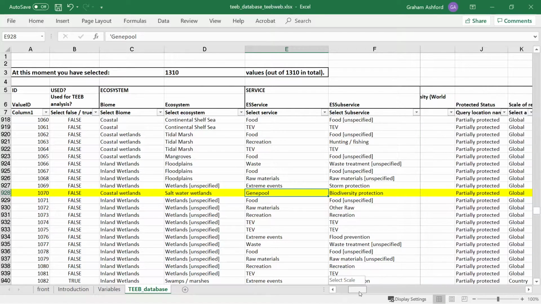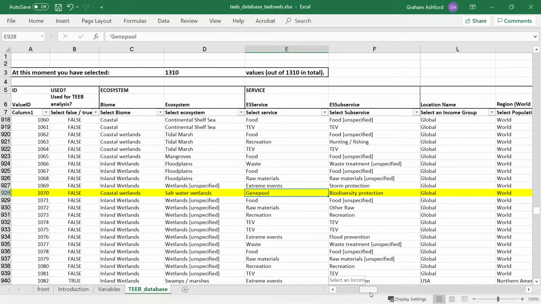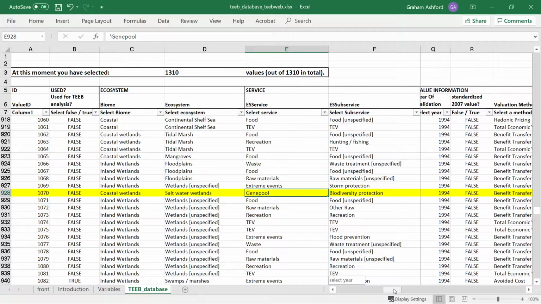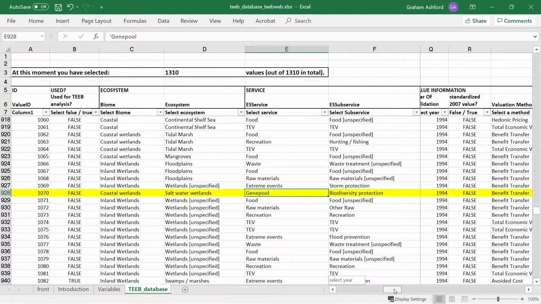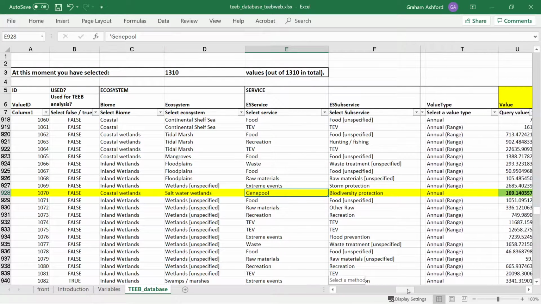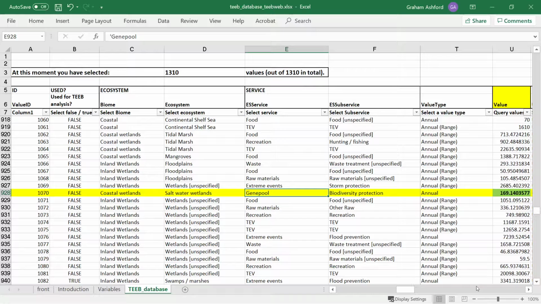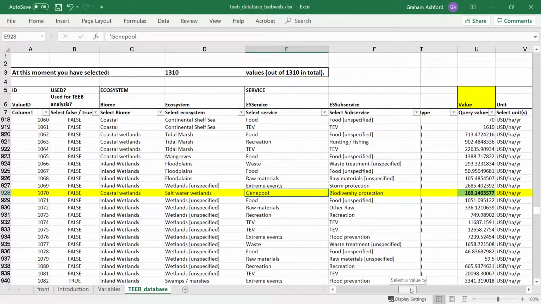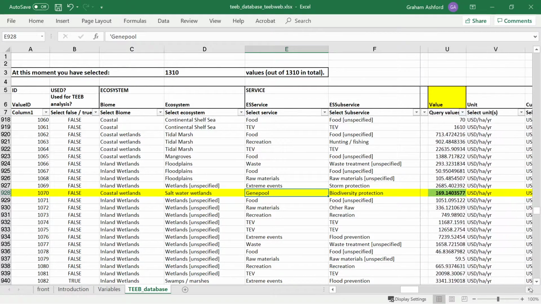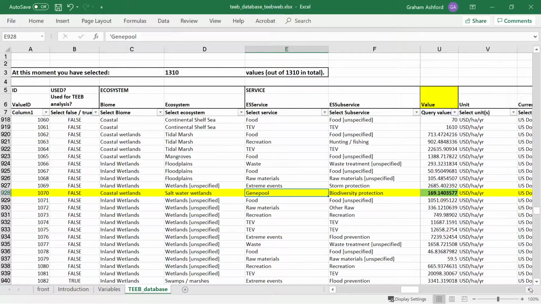So if I go over here and I keep going across to what they actually did and how the study was conducted. Oh, well, right away I can see it was in 1994. That's a little bit old. It was itself done by some benefit transfer. And the value that they came up with here was approximately $169 US dollars per hectare per year for that type of coastal wetland.